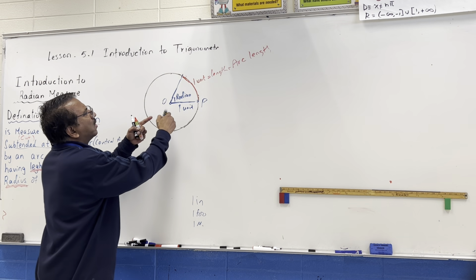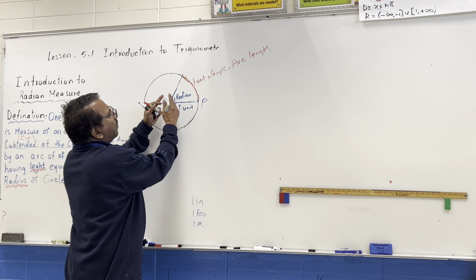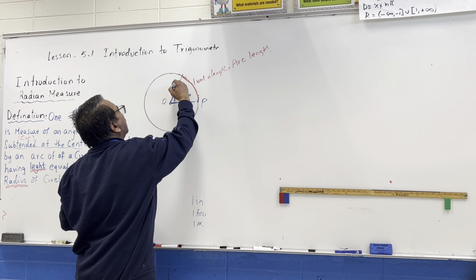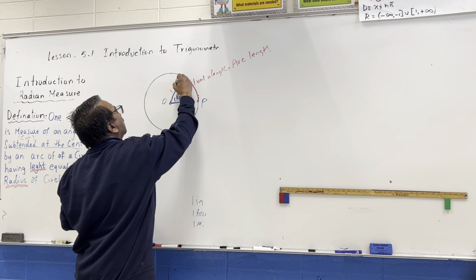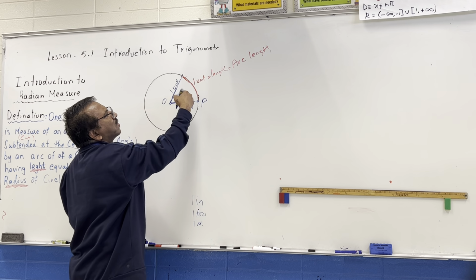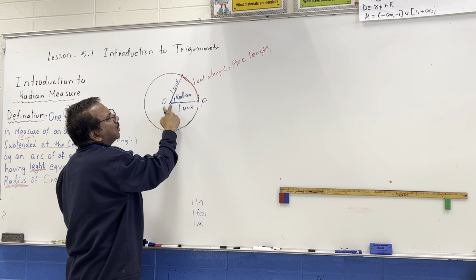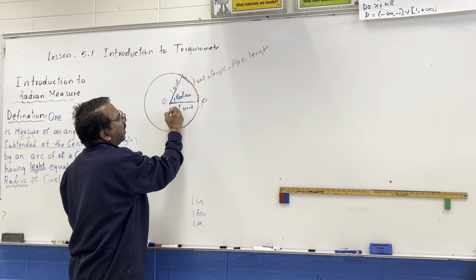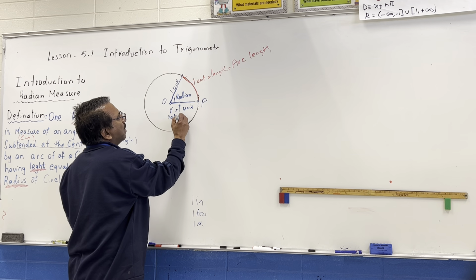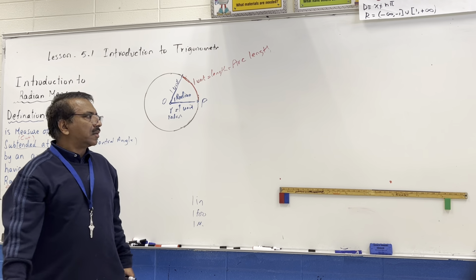This angle is formed like this with 2 radii. This is 1 unit. This also is 1 unit. You can clearly see the red color. The arc length is equal to the radius r. So that's the definition of arc length.